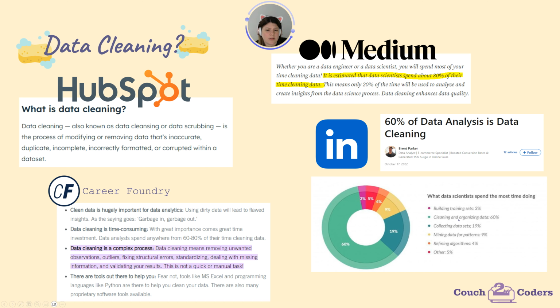And we have a little pie graph of what data scientists spend most of their time doing. And you see this big green chunk that is cleaning and organizing your data. Depending on what company you work for, the type of data that you have, maybe they have some really good rules. I would say between 60 to 80% is a very realistic number.